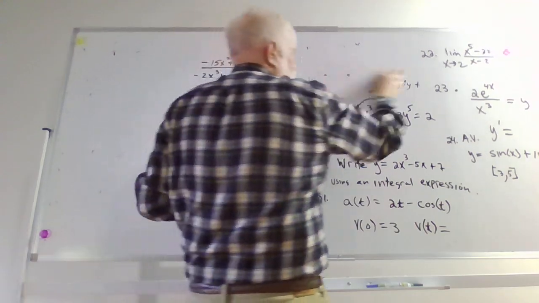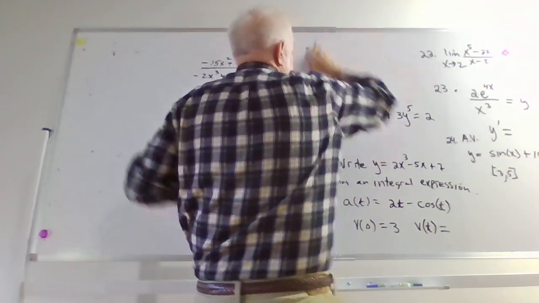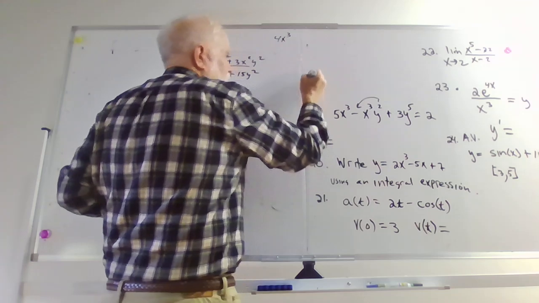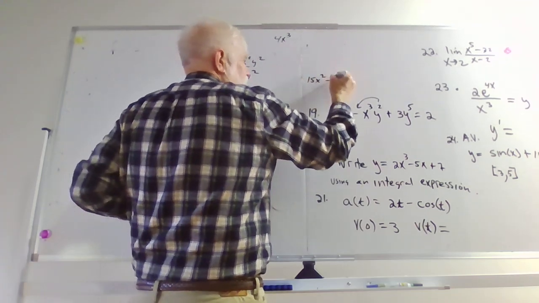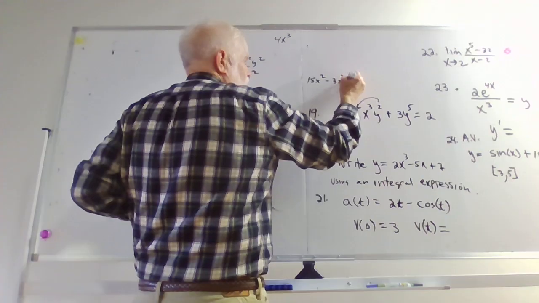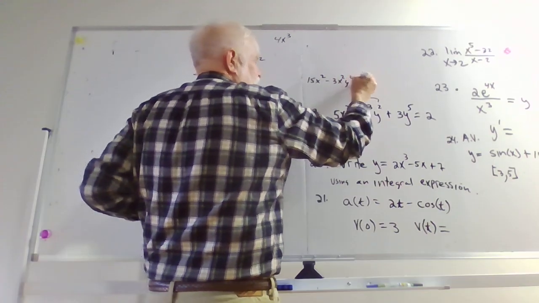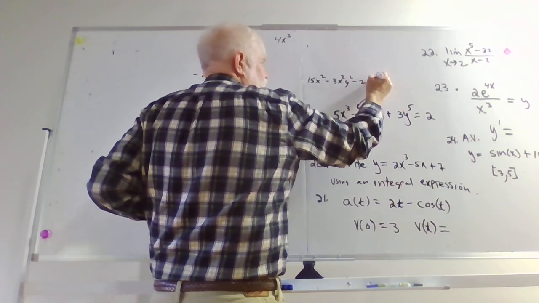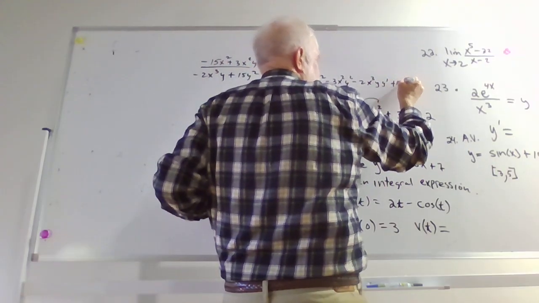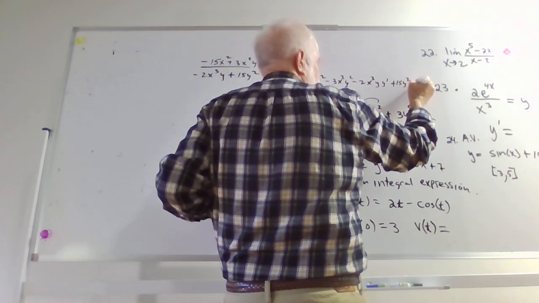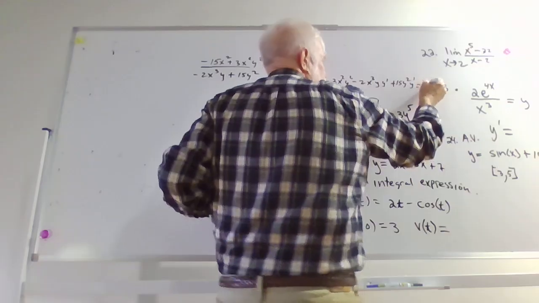Right, so I'm going to take the shortcut and just write the following: 15x squared minus 3x squared y squared minus 2x cubed y prime plus 15y squared y prime equals 0.